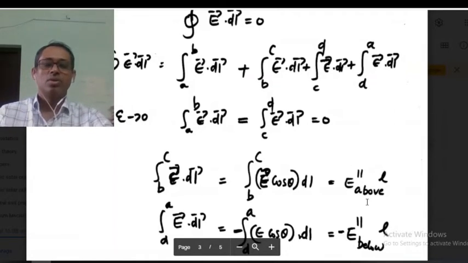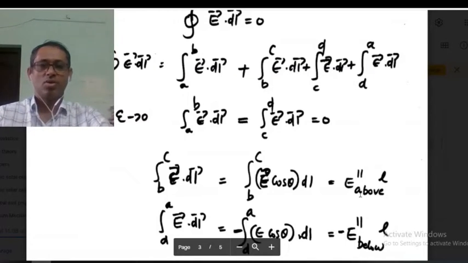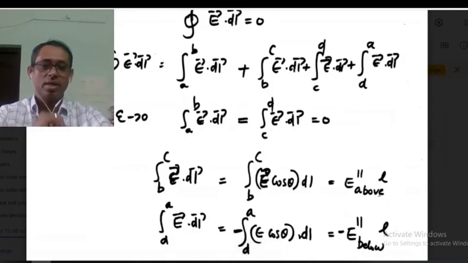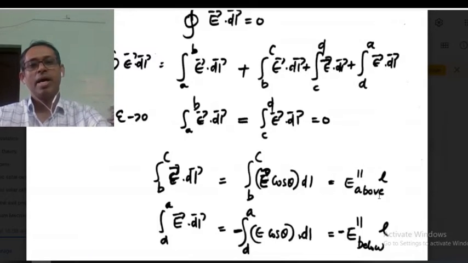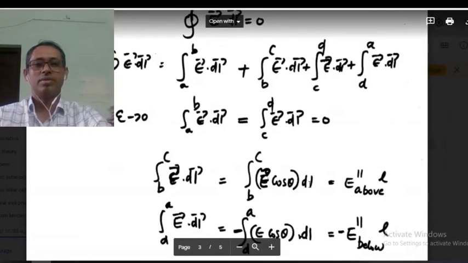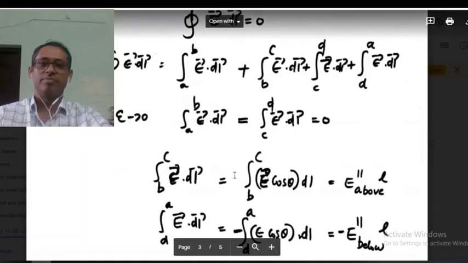So that is the tangential or parallel component, the component of the electric field parallel to the surface. So E parallel above times L, where the integral of dl is the total length L from B to C.